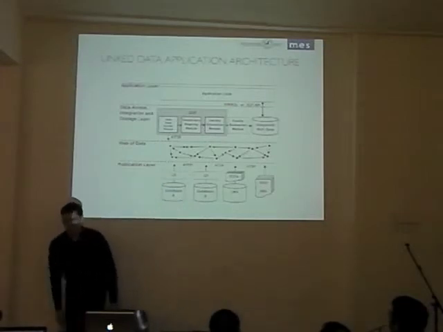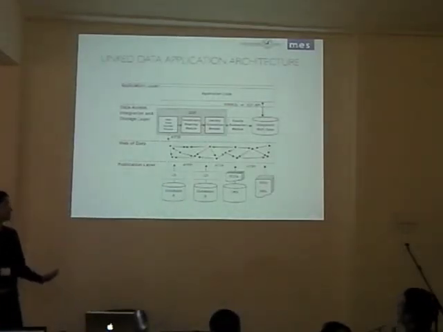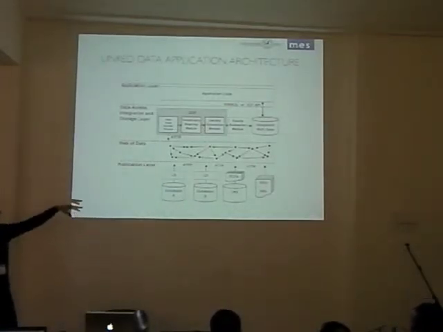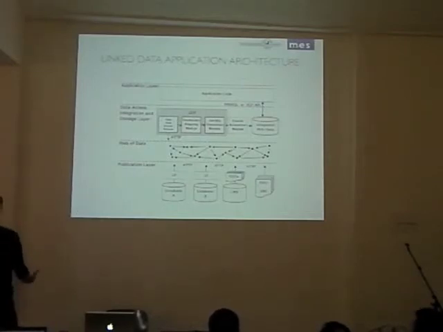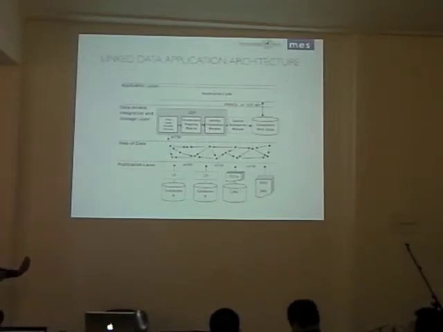Okay. Here you see how LDIF was planned in the beginning. You see the publishing layer below. There you have D2R, and there are three types of how RDF data is published on the web. There are SPARQL endpoints. You can download a huge data set, which is just one big file.